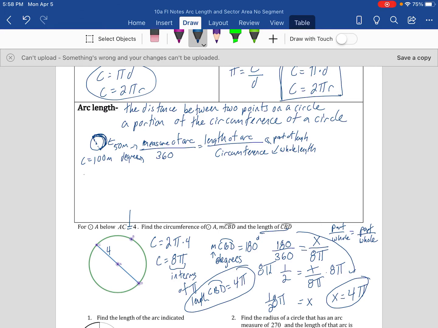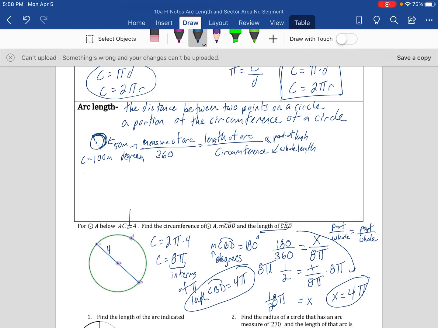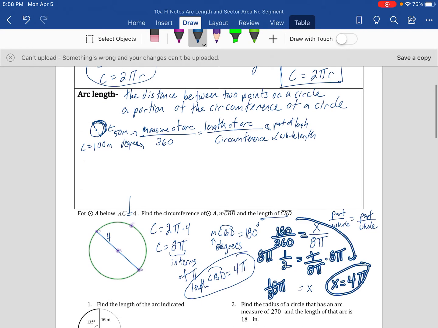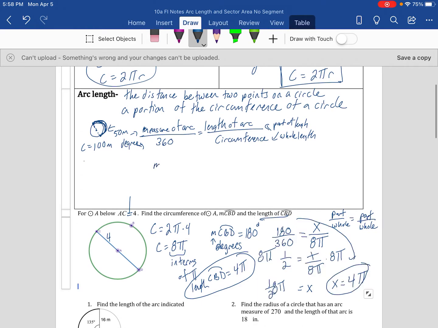Okay, so that's the first one that we can think about. So it could be the measure of arc AB over 360 is equal to the length of AB over 2 pi r.